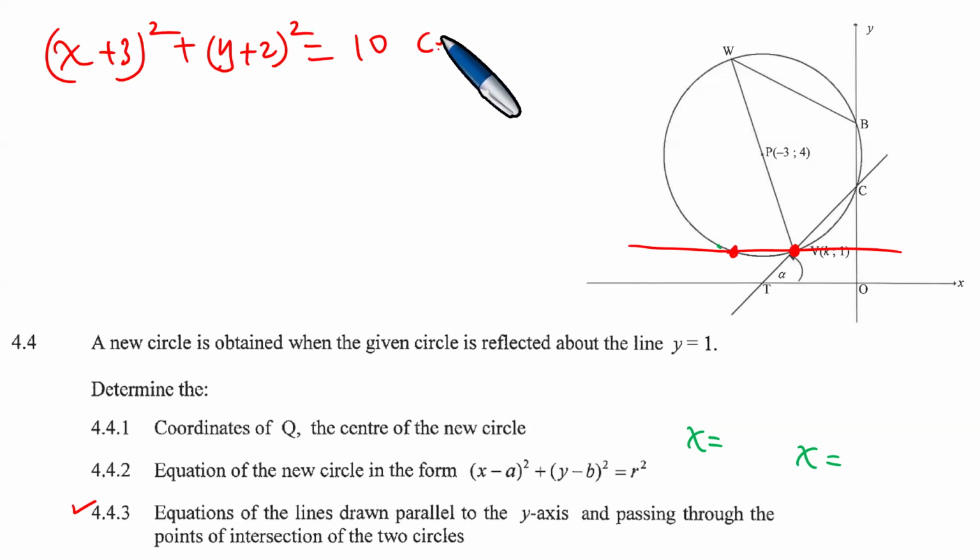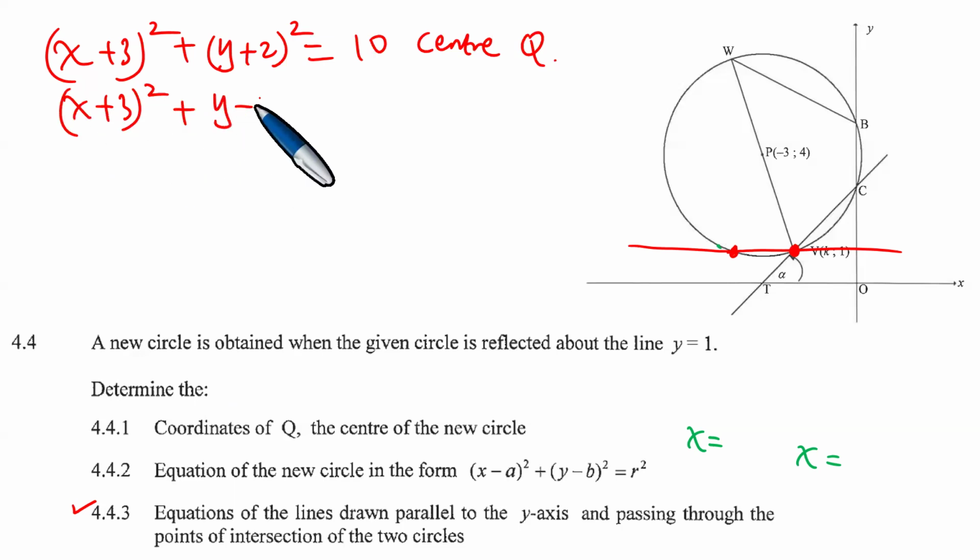This one has center Q. And this one, which is x plus 3 squared plus y minus 4 squared equals 10.